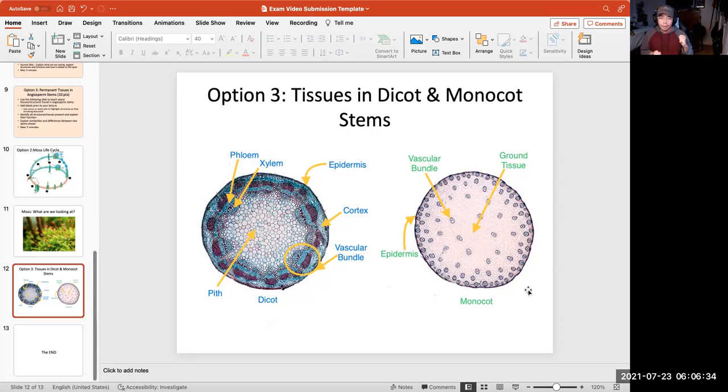And we can tell just by looking at the labels that there are several more structures to a dicot versus a monocot, which is more of a foundational groundwork, basic representation of what that plant looks like. So, yeah, that is my presentation in total.